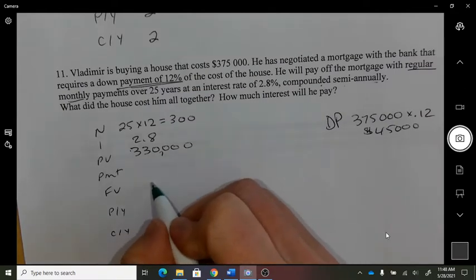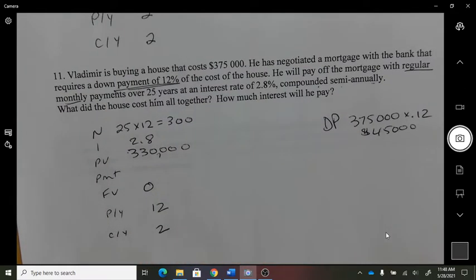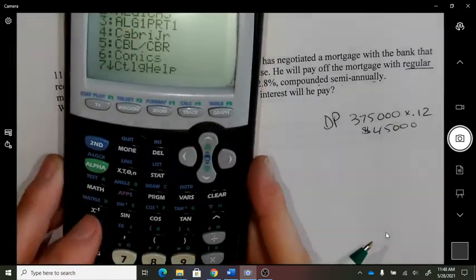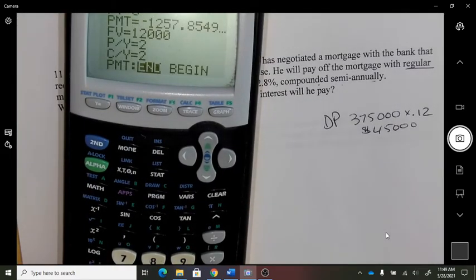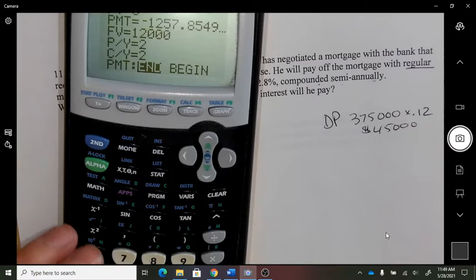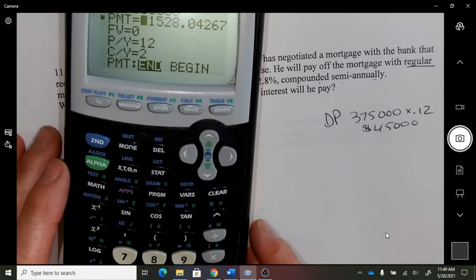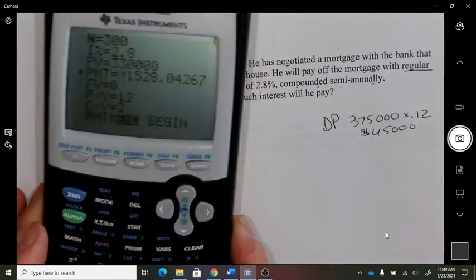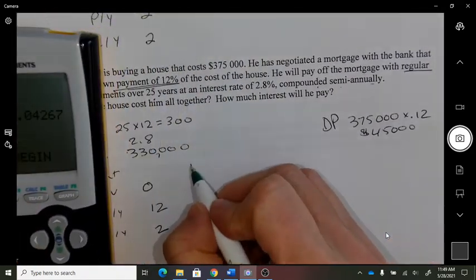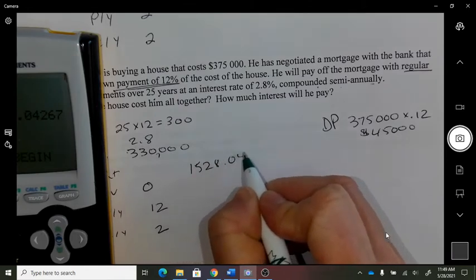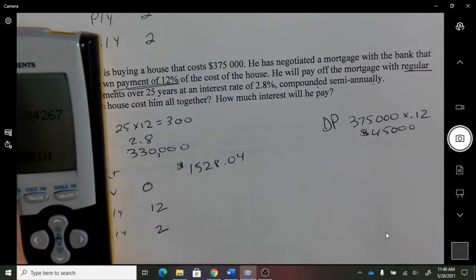Okay, the future of this, I need it to be 0. So what's the payment? $1,528.04 per month.